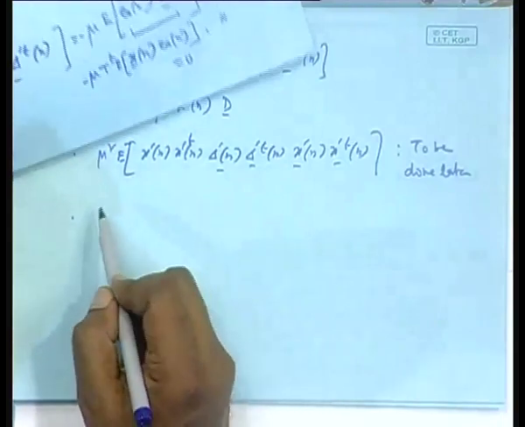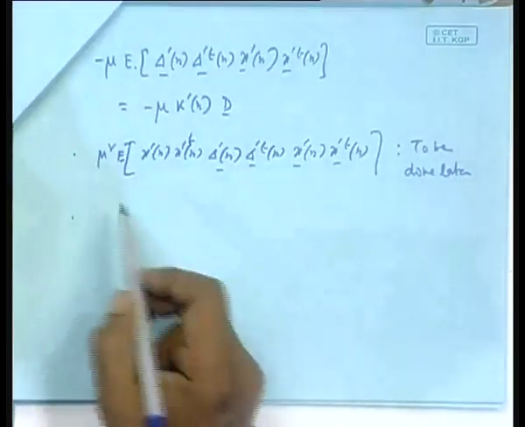And the last one is between these two. So again minus plus will be mu square.